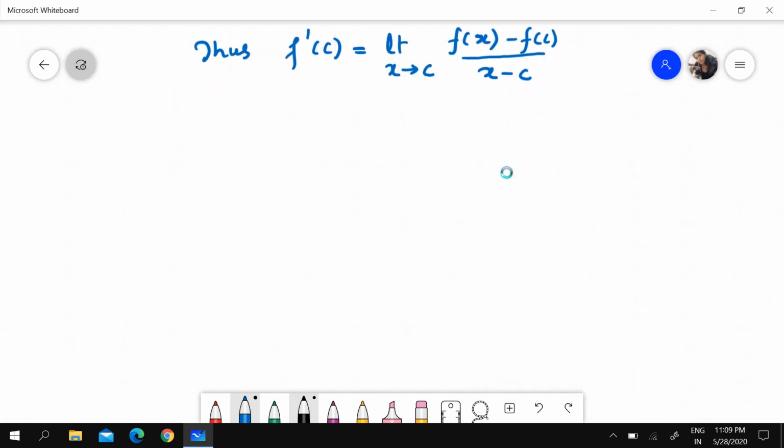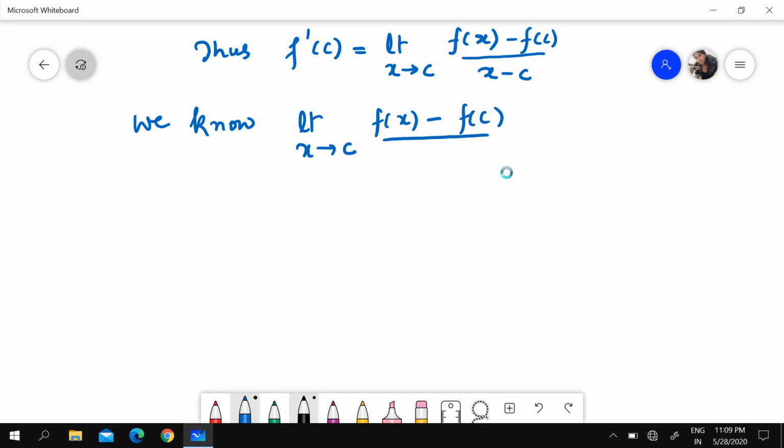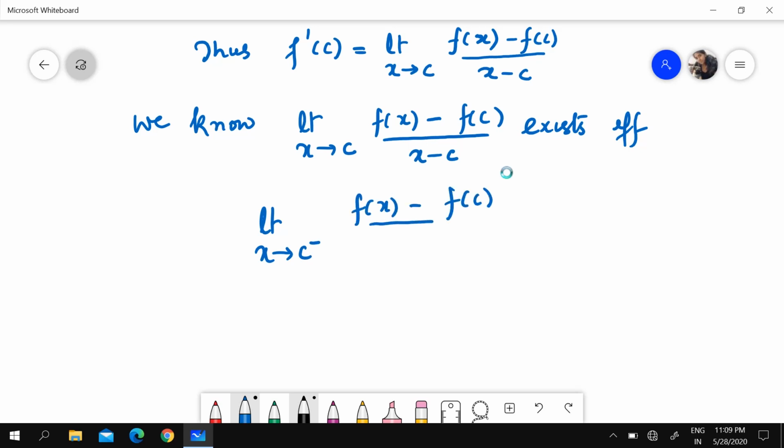Now, we know that the limit as x approaches c of (f(x) minus f(c)) upon (x minus c) exists if and only if the limit as x approaches c from the negative side equals the limit as x approaches c from the plus side of the same expression.